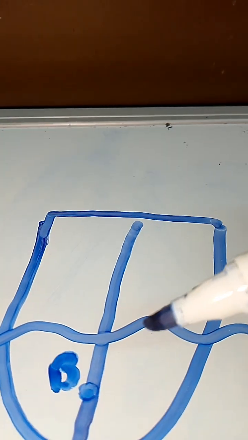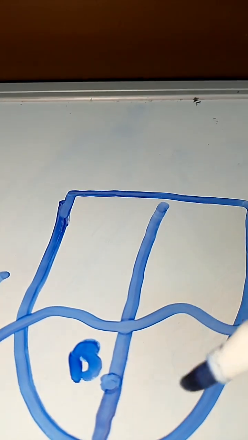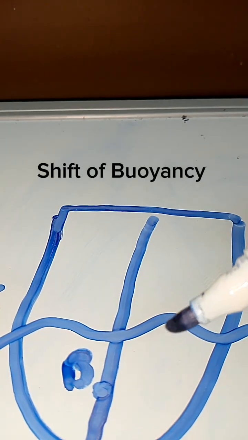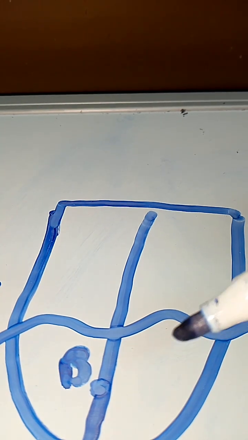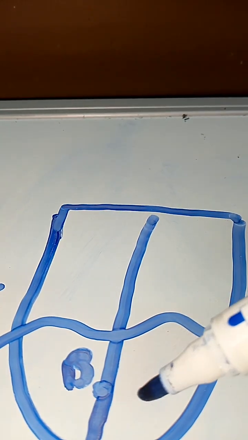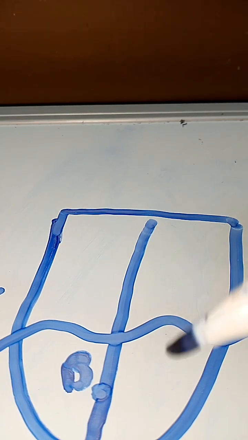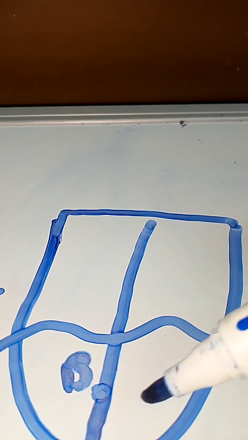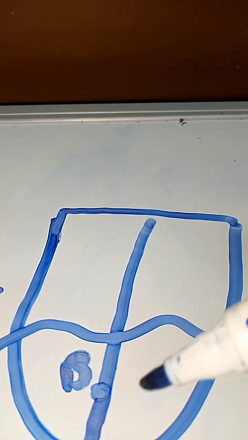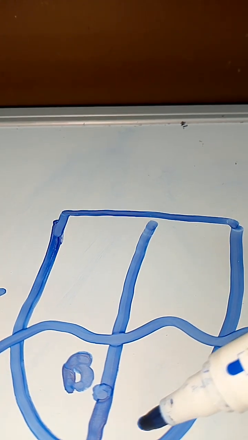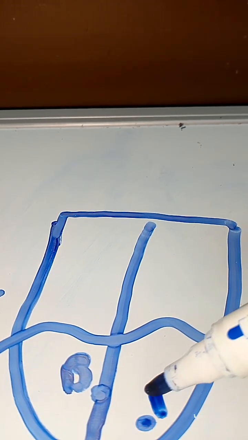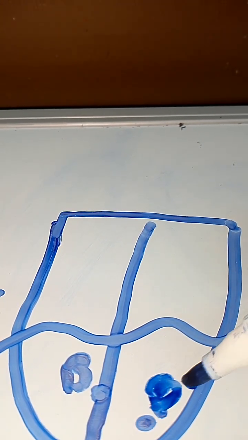Now why did I say previous? Because if the ship is heeling, then the buoyancy will also shift. So there's a shift in buoyancy, and it is found in the middle part of the partially submerged part of the ship. So it's here. It is denoted as B sub 1.